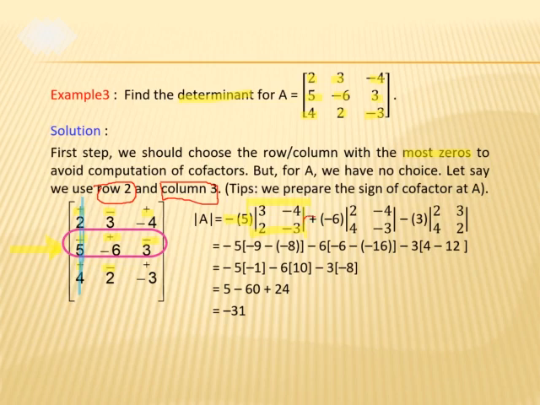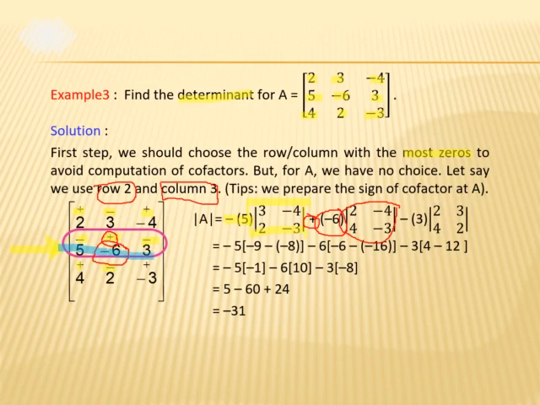Okay, plus because the sign of cofactor for negative 6 is plus, and then negative 6 is the entries, and then this is the minor. So again, how to find minor? We cover negative 6.